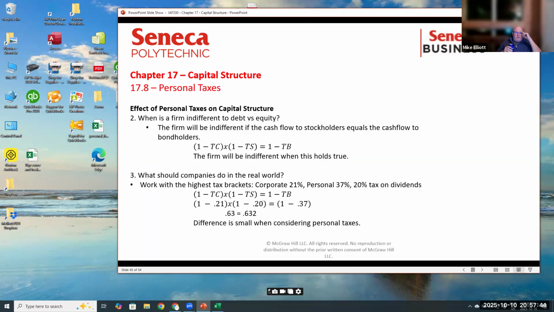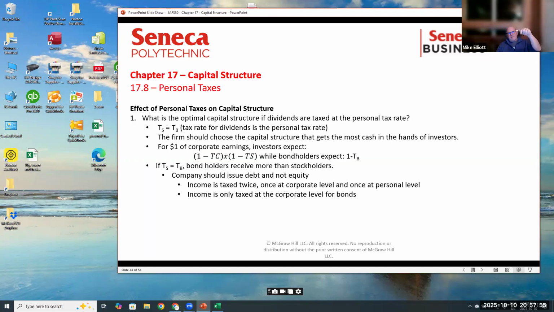So that was the first question. When is the firm indifferent to debt versus equity? What I said before, we're going to try to get the most money in the hands of our investors. And we're going to choose the capital structure that does that.